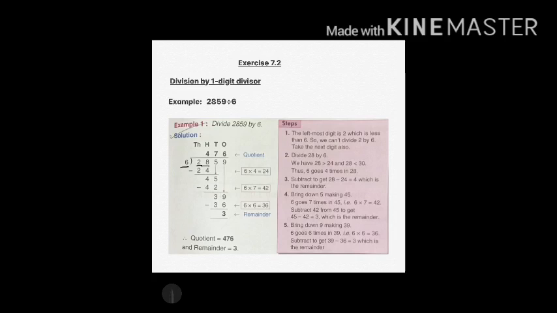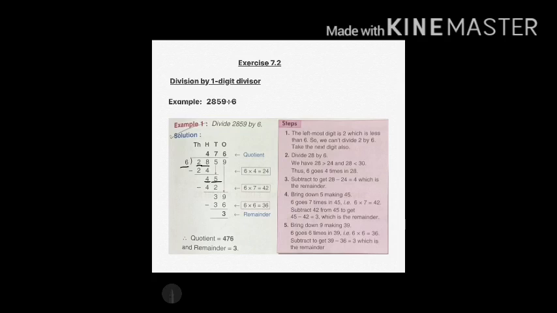As you know the table, you say 6 4s are 24. Exactly, we are not getting 28 in the table of 6. So we will get either the exact number or a number lower than that. So we will go with 4. 6 4s are 24, and we will subtract and we'll get 4 here. Now we will bring down the next number. Now 4 will become 45.